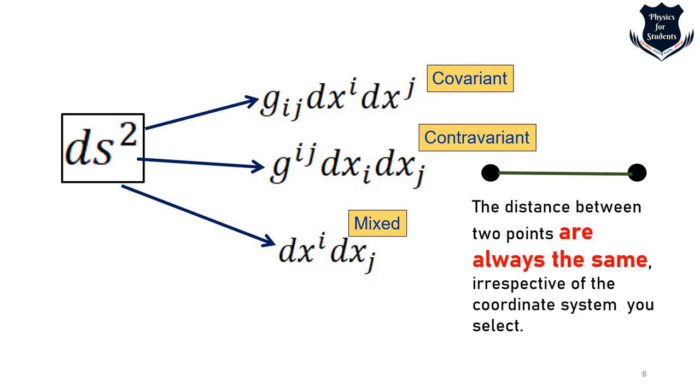So the distance between the points is always the same, irrespective of the coordinate system that we use and irrespective of the values that ds square provides, whether covariant, contravariant, or mixed.